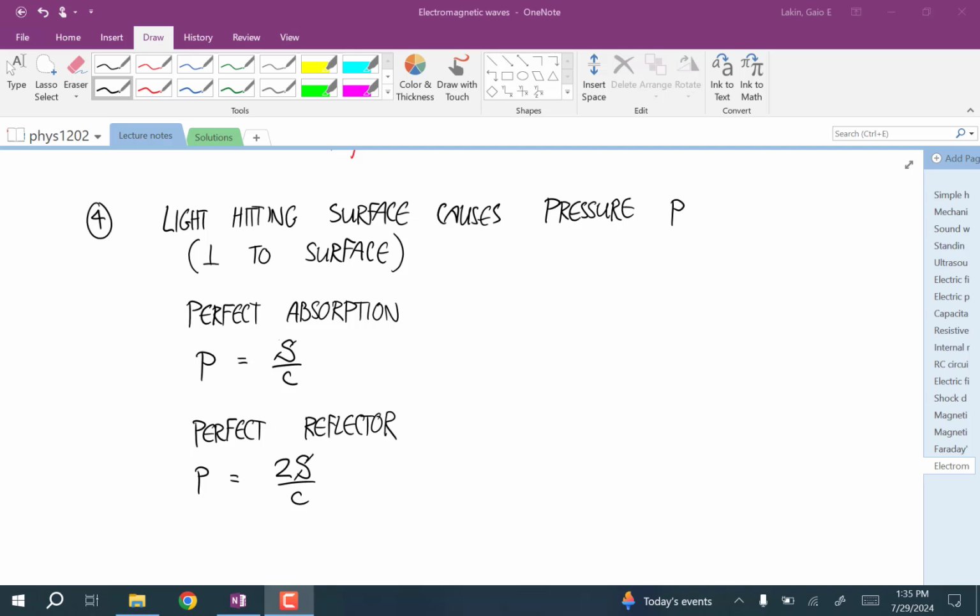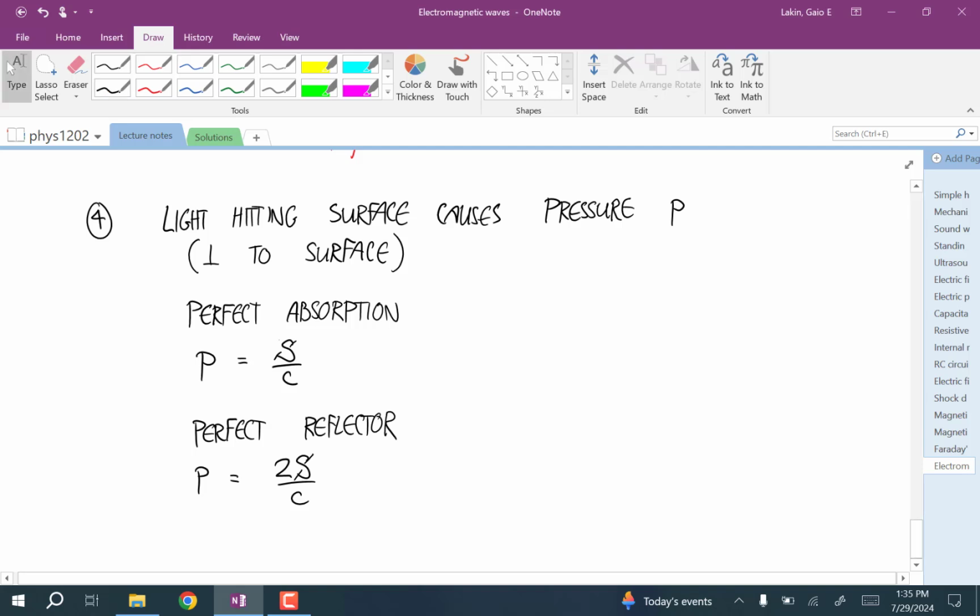That takes more force, and that's what you're seeing here. If particles are being reflected from the perfect reflector, they not only have to go from their speed to zero, they have to go from their speed to zero and then from zero back to that speed going the other direction. That's where that 2 comes from.